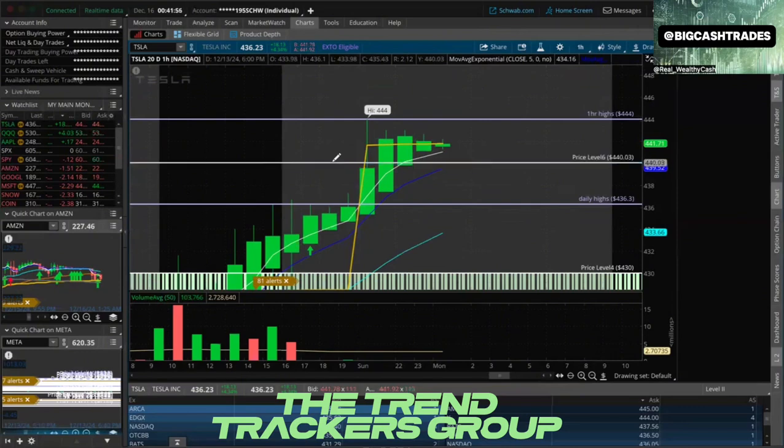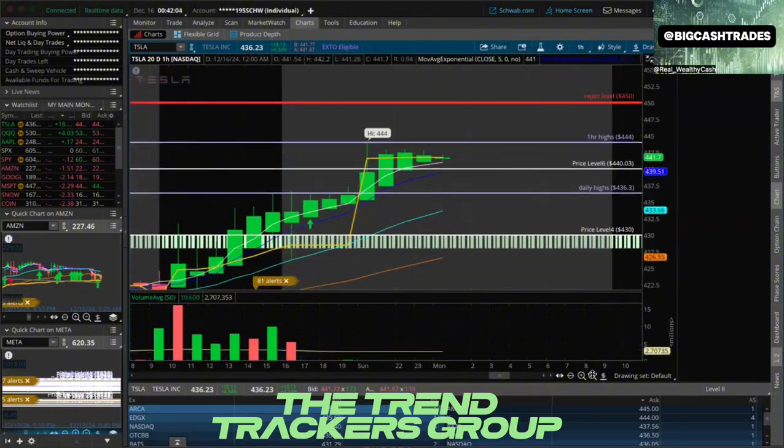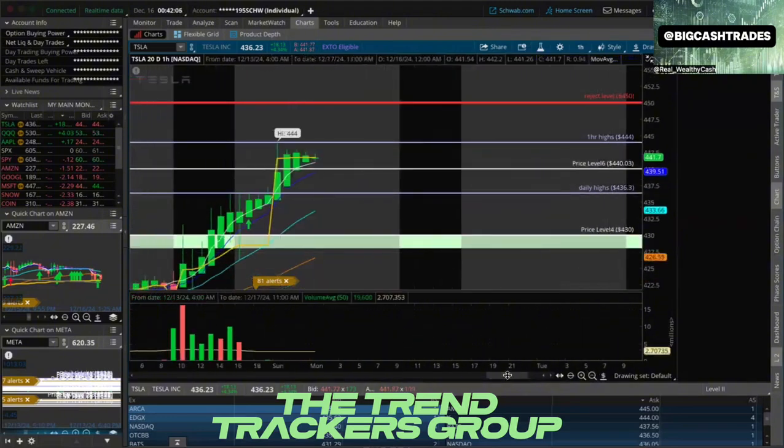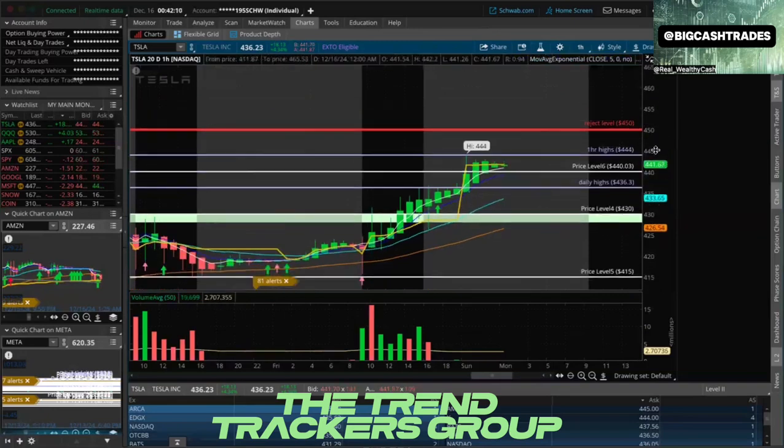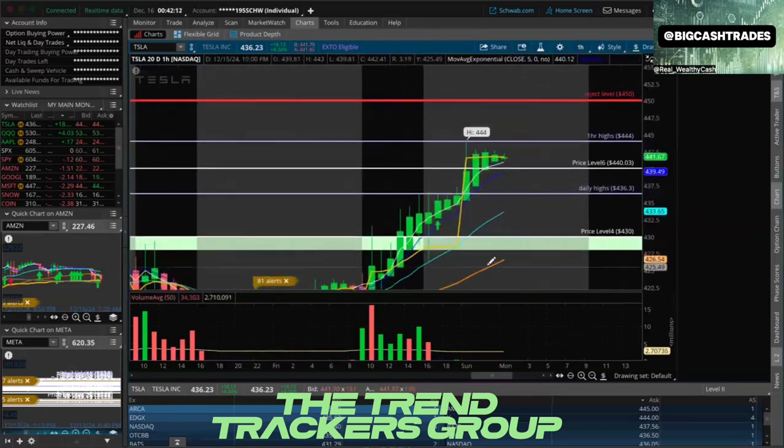And then if it breaks over 440, we can even see 444. So if it doesn't give us a sign to get out at 440, and it's still holding levels, it's still holding the 5 EMA strong, and it's not breaking below it, we can stay in and try to push to 444. So enter around here, probably 430, 431.